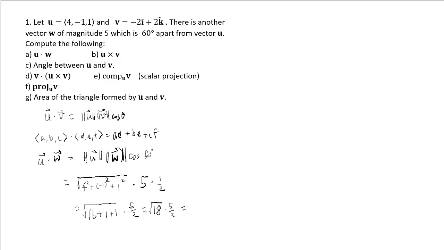The square root of 18 becomes 3 radical 2 because 18 is 9 times 2, and 9 is a perfect square. So it's 3 radical 2 over 2 times 5, whose answer is 15 radical 2 over 2. Okay, so that's the answer to A.